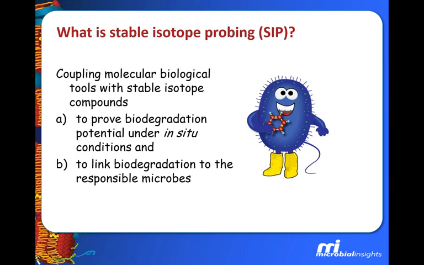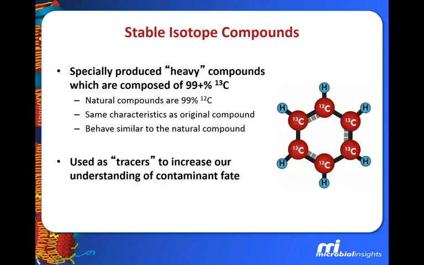Stable isotope probing is a method by which we use stable isotopes coupled with molecular biological tools that, as you will see here shortly, can prove the biodegradation potential of a particular target compound under actual in situ conditions. And further, we can actually link the biodegradation using stable isotopes to the organisms that are actually responsible for the degradation process.